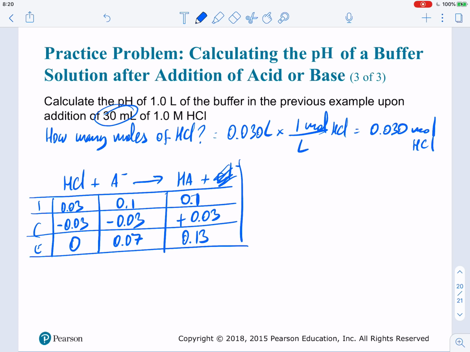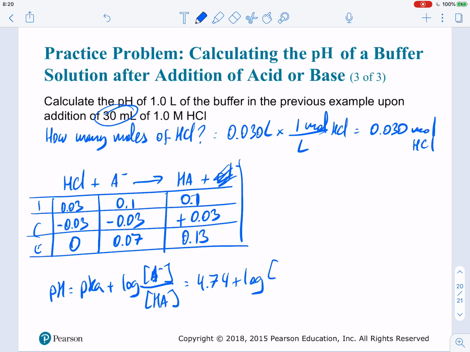And then your pH is going to be pKa plus log A minus over HA. This is equal to 4.74 plus log of 0.07 divided by 0.13, and this is equal to 4.47.